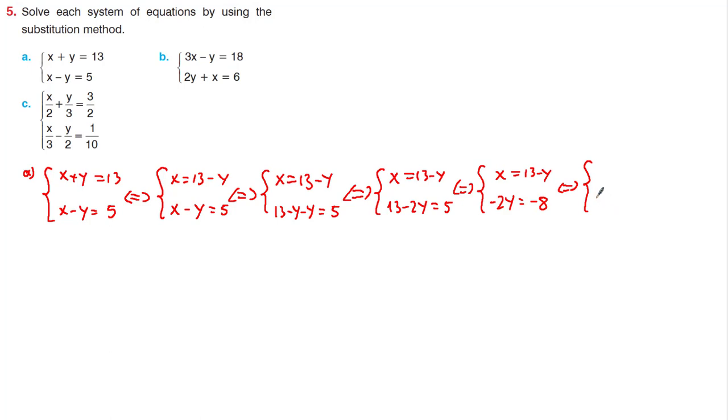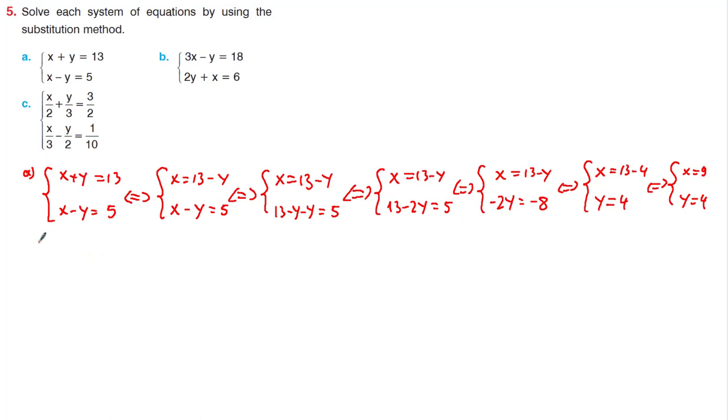After dividing by negative 2, we end up with y is 4. And then you go back and substitute on the first equation, 13 minus y, but y is 4, so that makes y 4 and x 9.